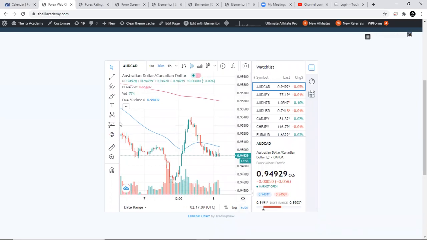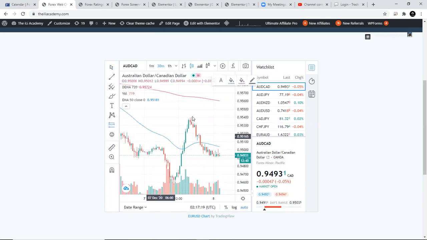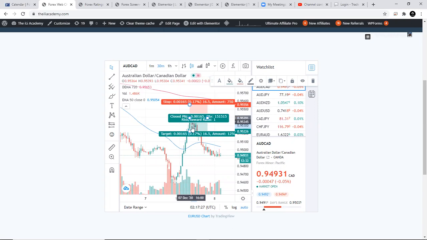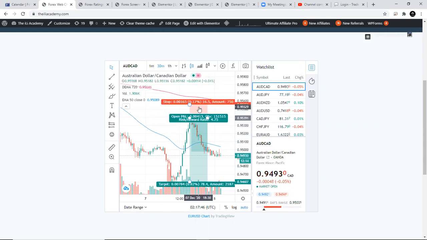Oh, here's another tool that I found here. Don't know exactly how to set it up just yet, but I like this. I've always kind of liked this tool that they've got here. I don't even know how to use it just yet, but let's say we go from here and we take this and we say, okay, if we trade down to this target level and we get in here, it gives us the information about how far our stop is.